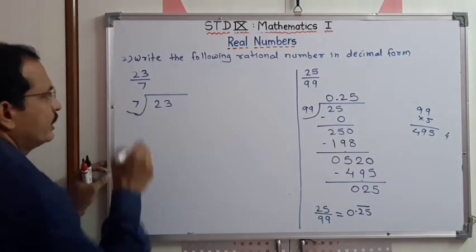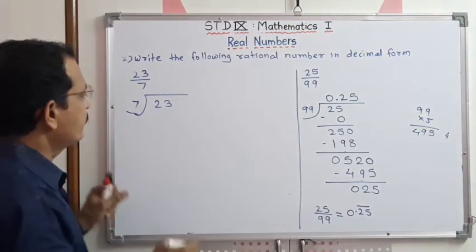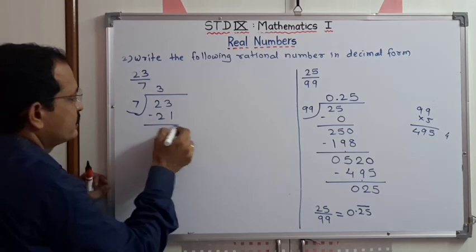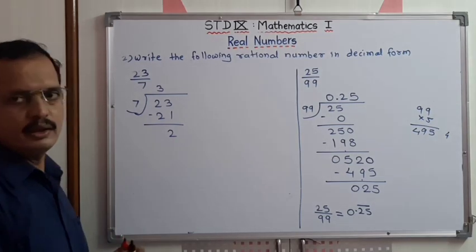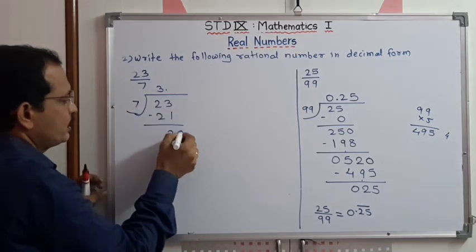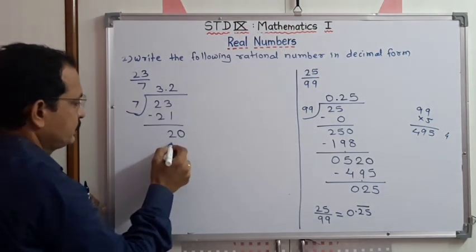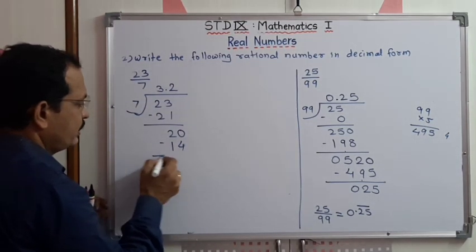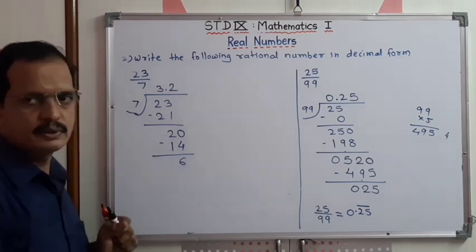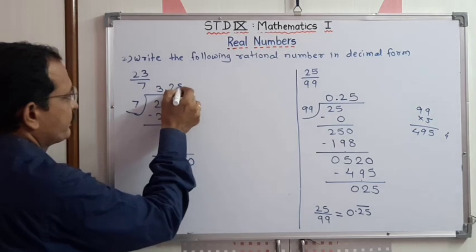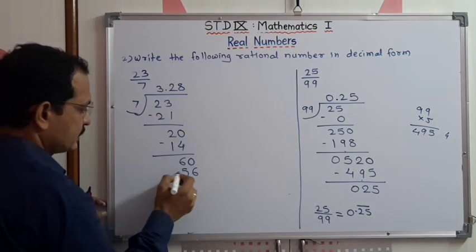23 divided by 7. 7 3s are 21. It is 2. Then we have to take the decimal point. Here it is 0. 7 2s are 14. It is 6. Then 0, 7 8s are 56.